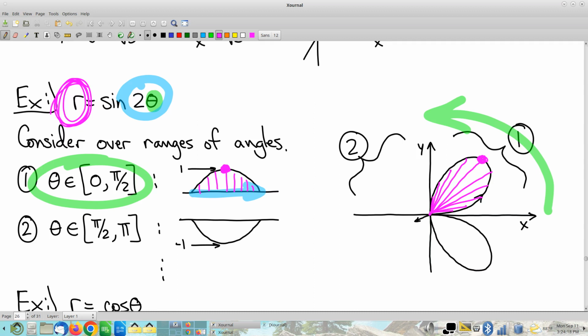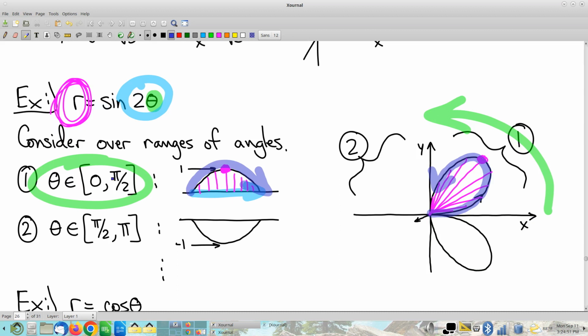So in some sense this curve, an arc of the sine wave representing r in polar coordinates, ends up looking like that in the xy plane. Everybody see that? It's geometrically a little brain bendy. That's what happens.